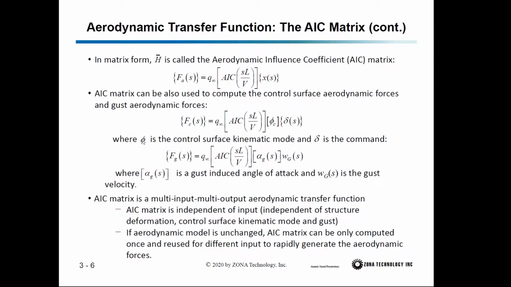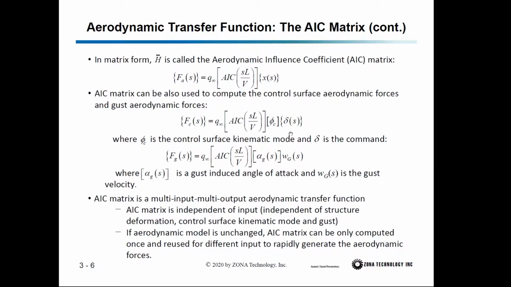Once we have the AIC matrix, we can use it to rapidly generate various kinds of aerodynamic forces. If we have a structure deformation, we can calculate the aerodynamic forces due to structure deformation.